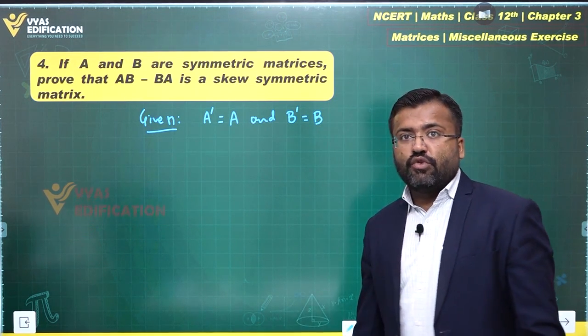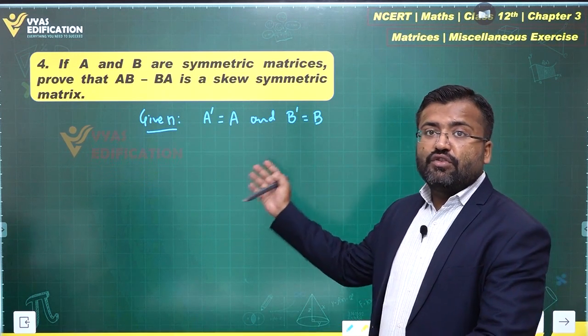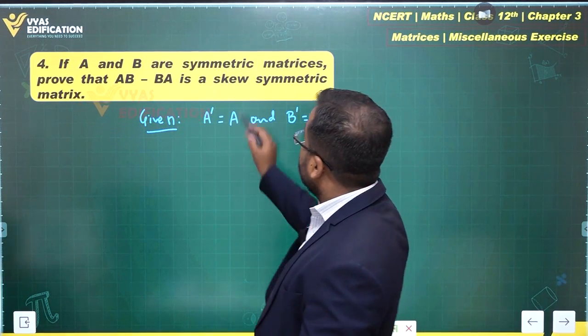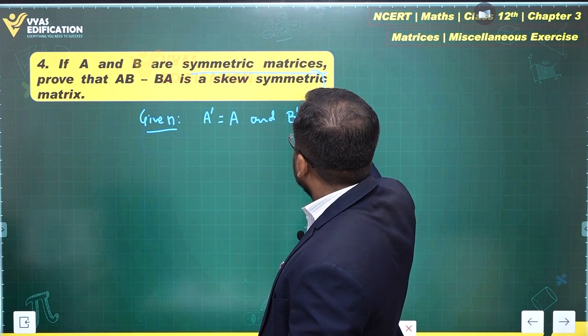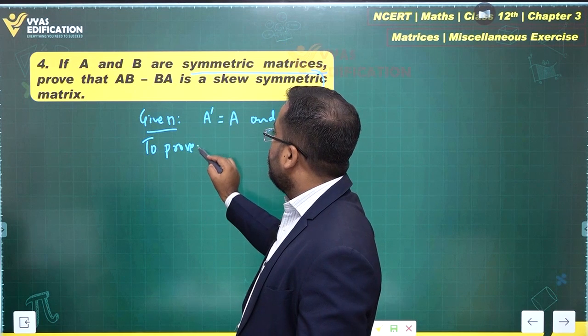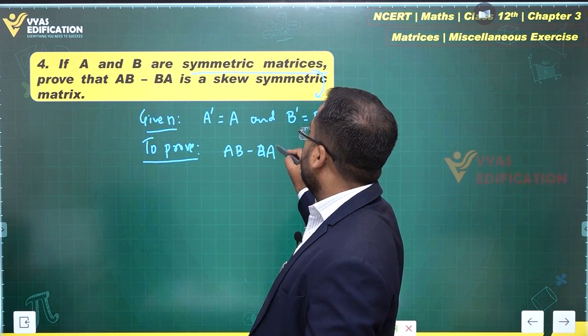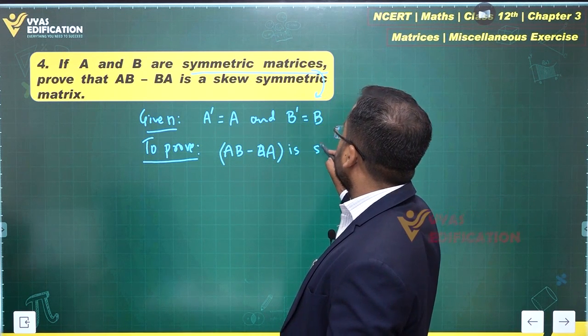This is A transpose equal to A, B transpose equal to B. Since A and B are symmetric matrices, they follow this property, right? So we have written the condition for symmetric matrices directly in this manner to prove that AB minus BA is skew symmetric.